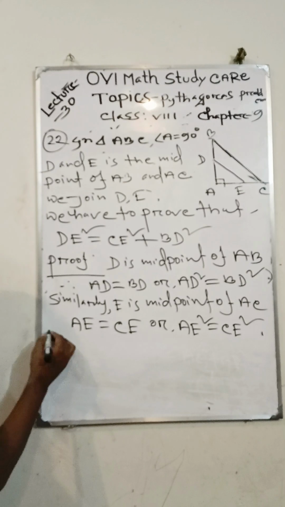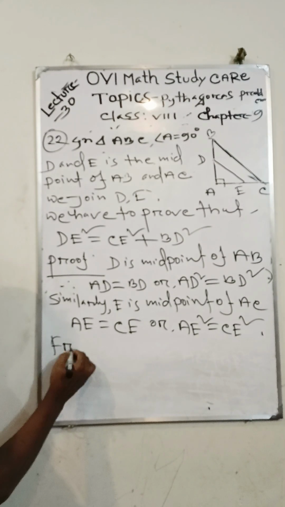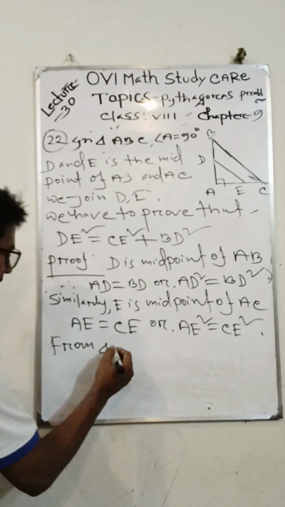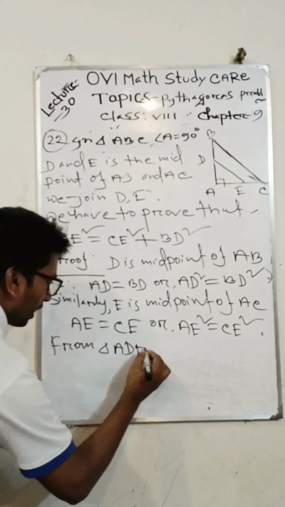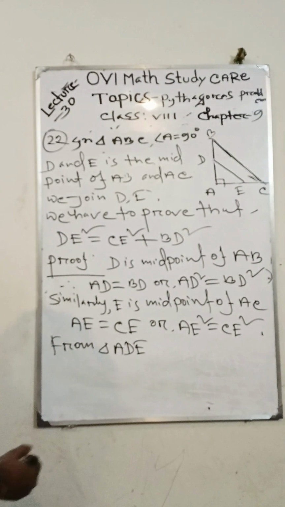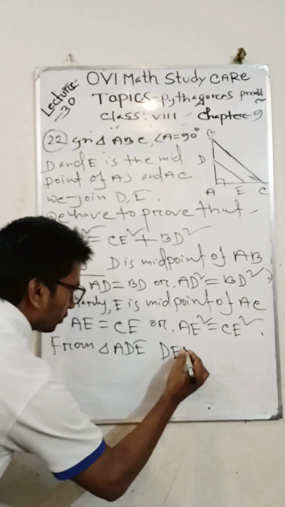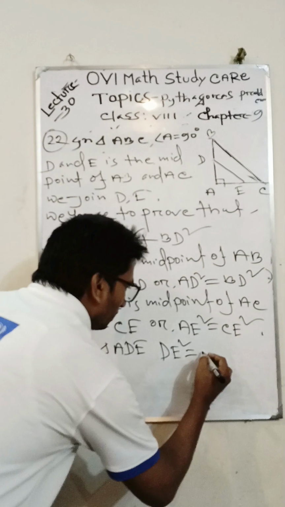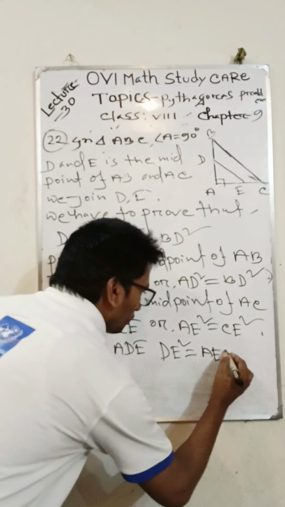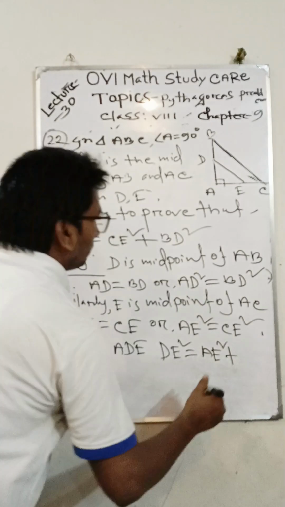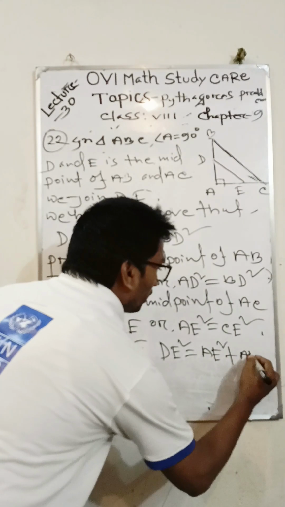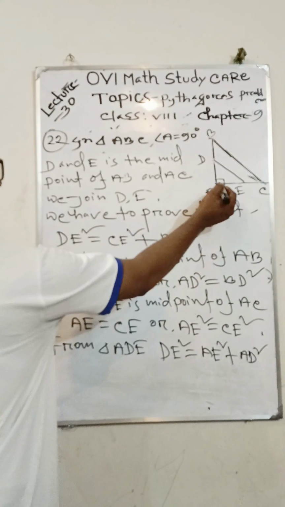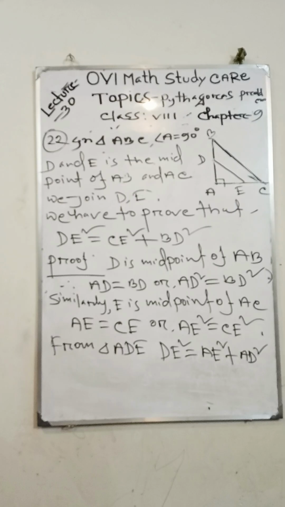Now students, from triangle ADE, according to Pythagoras, we can write DE square equal to AD square plus AE square. In triangle ADE, A is a right angle and DE is the hypotenuse.